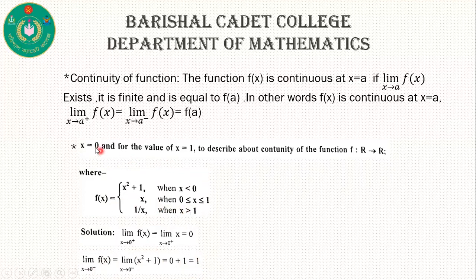Now putting the value x equal to 0, you see here 0 less than or equal to x, that means the values of 0 and x are equal here. That's why we put the value f of 0 is equal to x equal to 0.